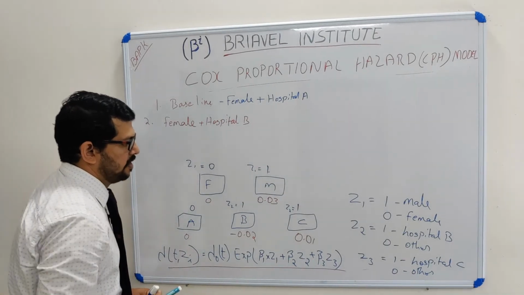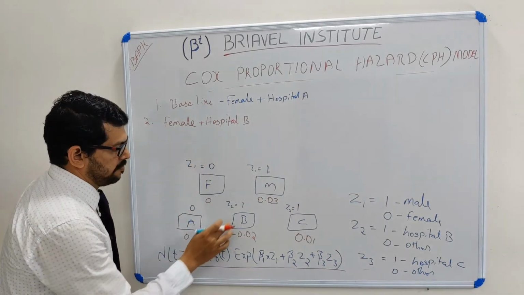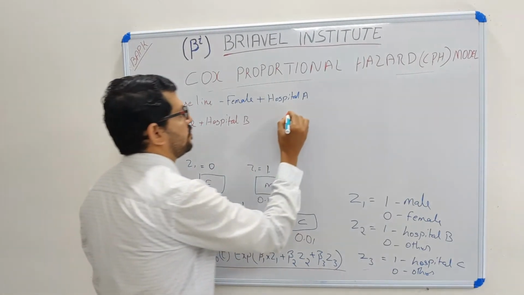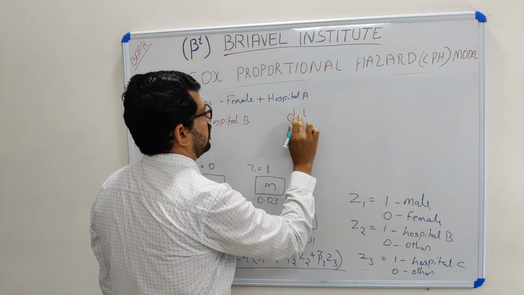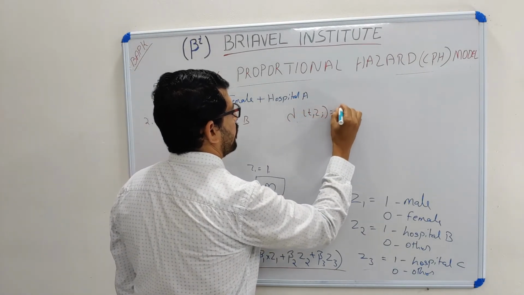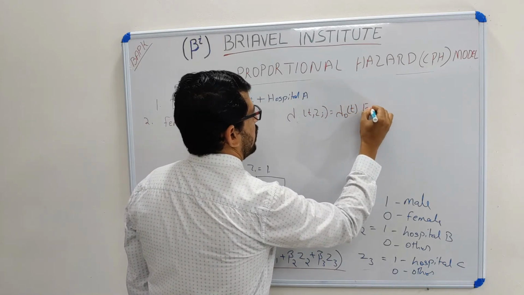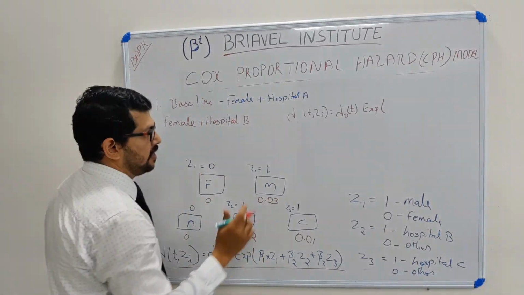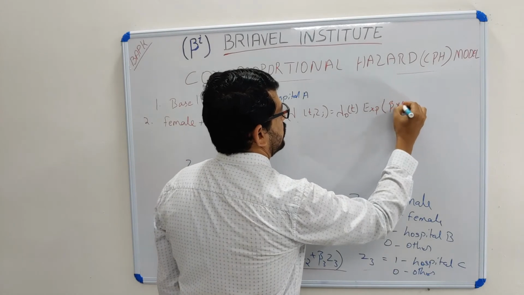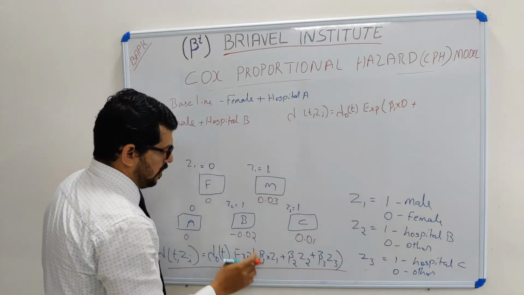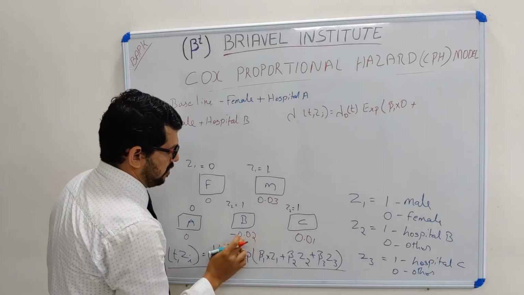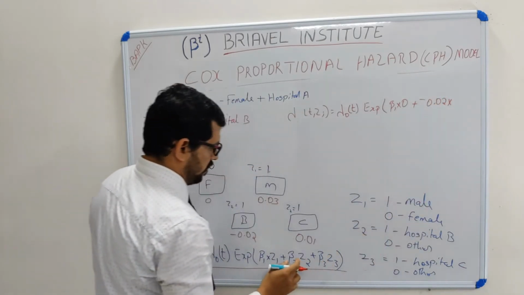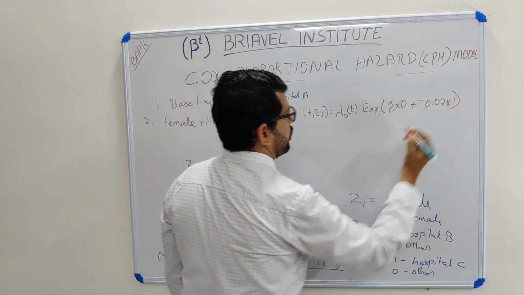This is my equation. Female means Z1 is equal to 0. Hospital B means Z2 is equal to 1, with beta 2 equal to minus 0.02. So my lambda of t, Z is equal to lambda 0 t exponential, female Z1 is equal to 0, so beta 1 into 0, plus here hospital B is minus 0.02 into Z2 is equal to 1.